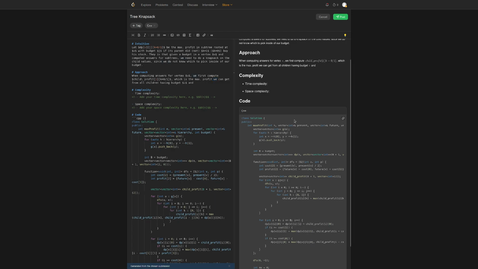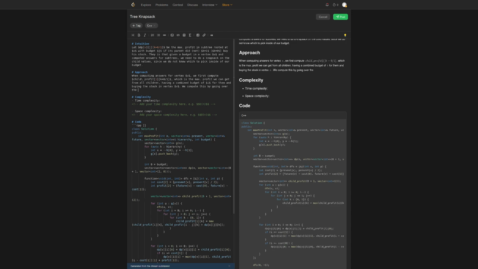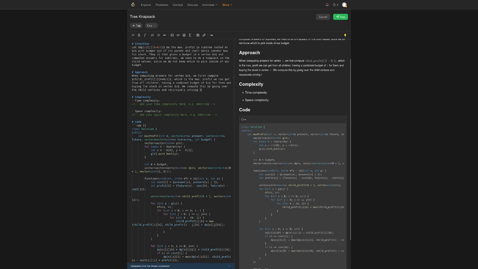We can get from all children having a combined budget of I for them and buying the stock in vertex V. We compute this by going over the child vertices and recursively solving the problem.